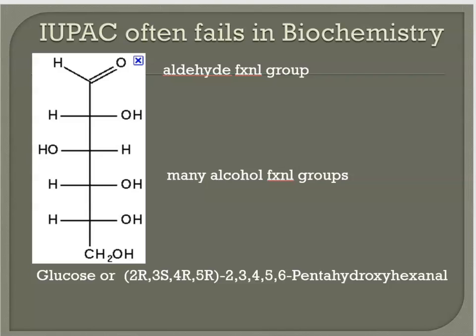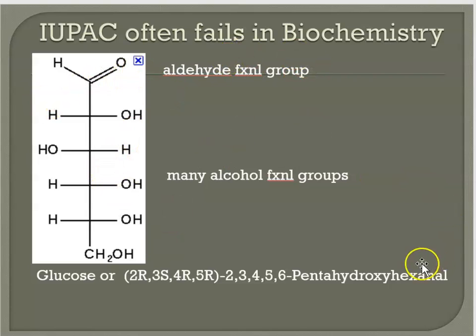It gets a little cumbersome, for example, if we're looking at this compound with stereochemistry and we have to name these things differently. This is the compound glucose, so it's a simple carbohydrate, glucose. IUPAC naming system would be 2R, 3S, 4R, 5R, 2, 3, 4, 5, 6, pentahydroxyhexanal, right? So it gets complicated.